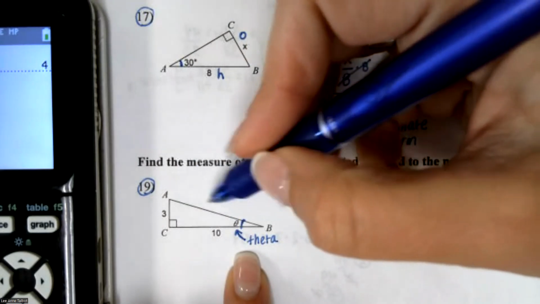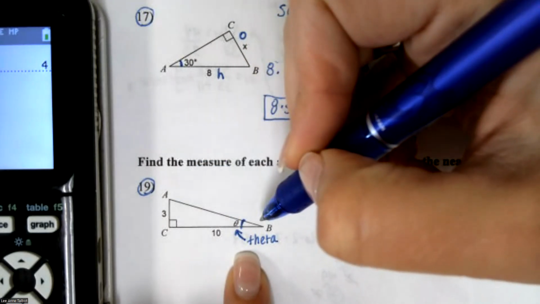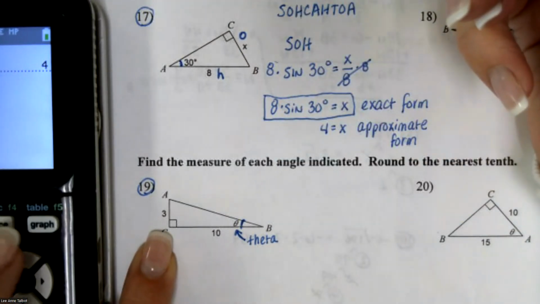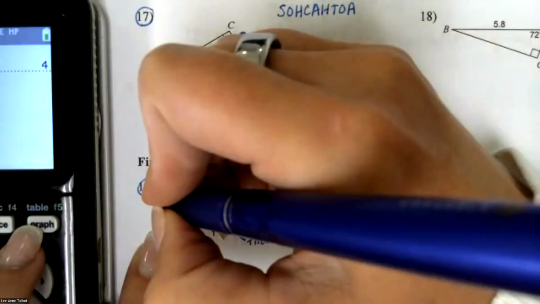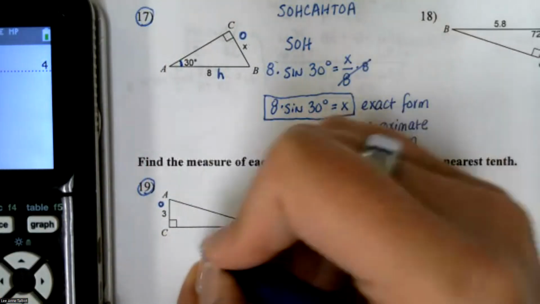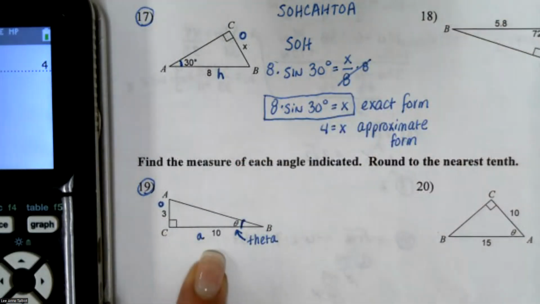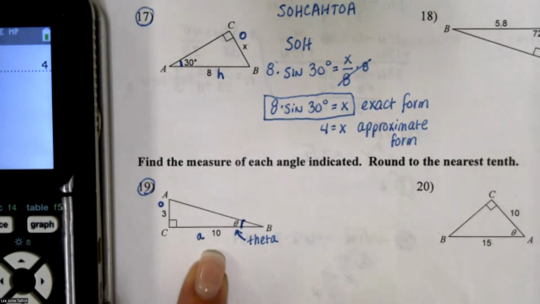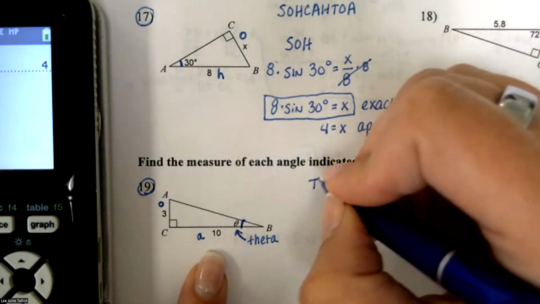I notice nothing is on the hypotenuse, so I'm not going to put anything there. Is 3 opposite or adjacent? Perfect. Is 10 opposite or adjacent? Adjacent. This one has O and A. So that's going to be TOA. Beautiful.